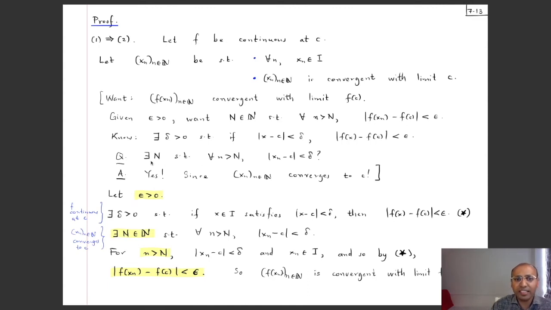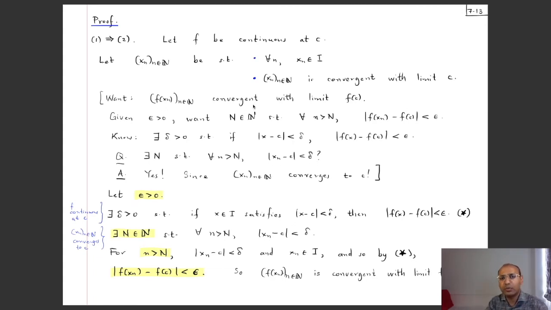So the question really is, does there exist an index capital N such that beyond that index the distance of xn to c is less than delta? And of course there is, because we know that the sequence xn is convergent with limit c. So given any distance, in particular delta positive, I know that there exists an index capital N such that beyond that index the distance of xn to c is less than delta.